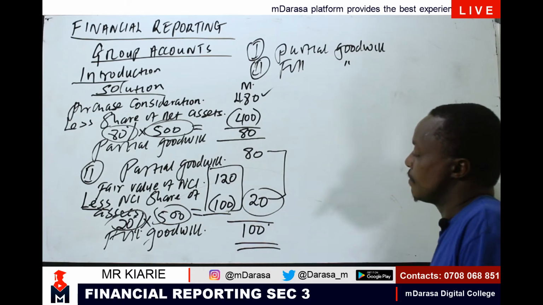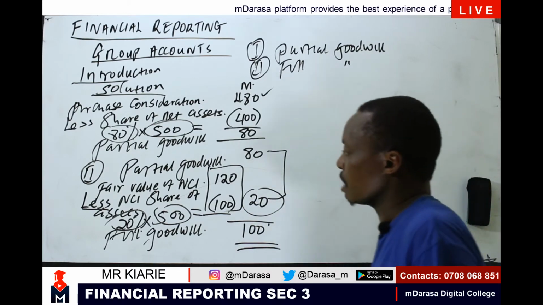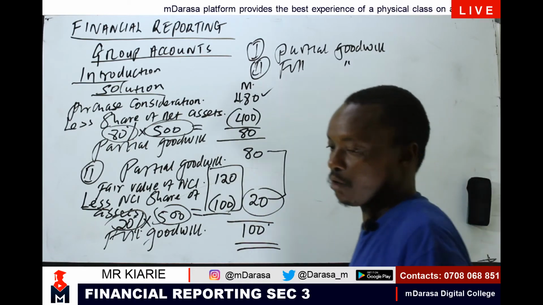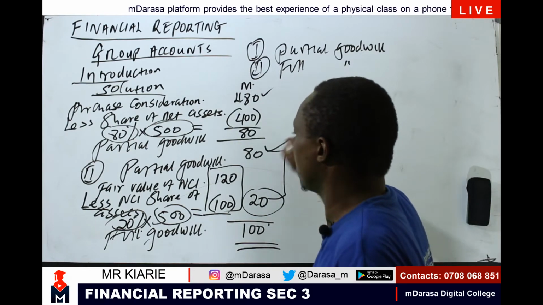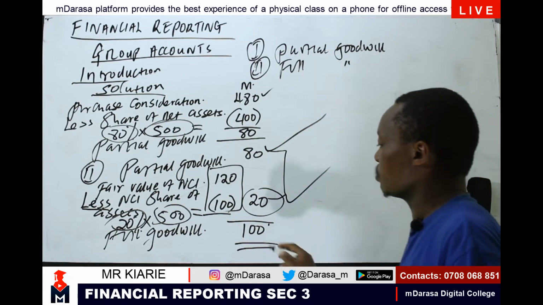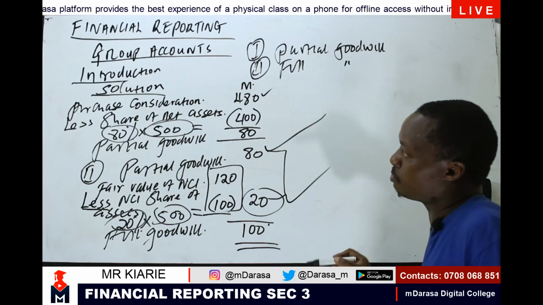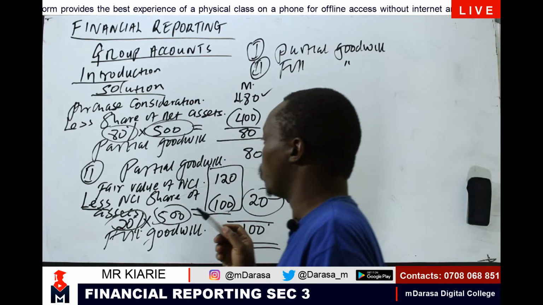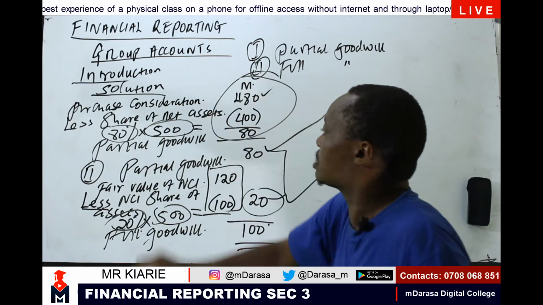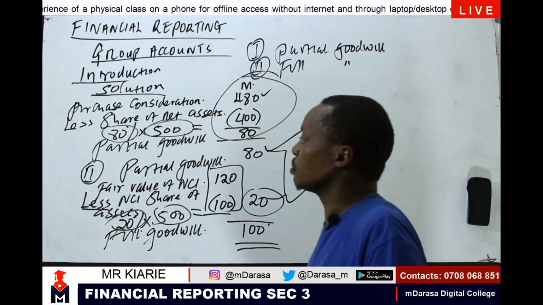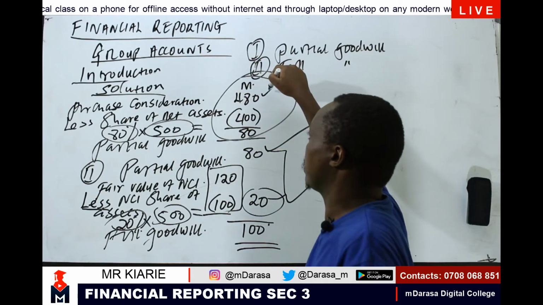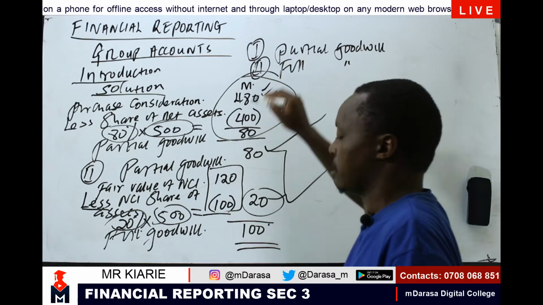Therefore our full goodwill will be the partial goodwill plus the goodwill attributable to the NCI, to get 100. The only difference between partial goodwill and full goodwill is that partial goodwill does not consider goodwill attributable to the non-controlling interest. It only considers the goodwill attributable to the parent company's shareholders.